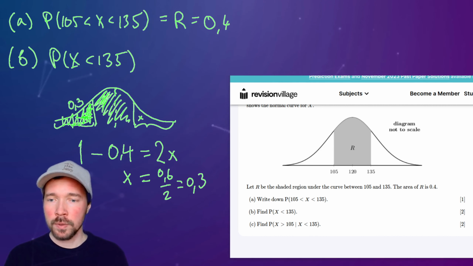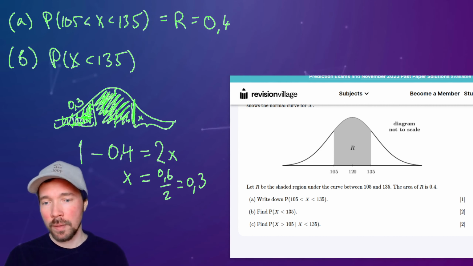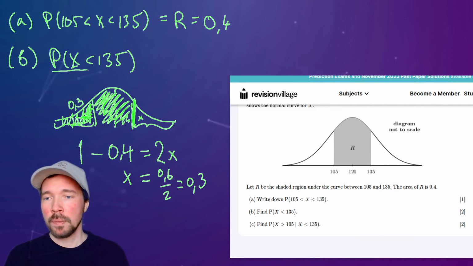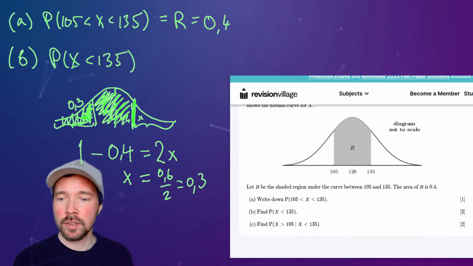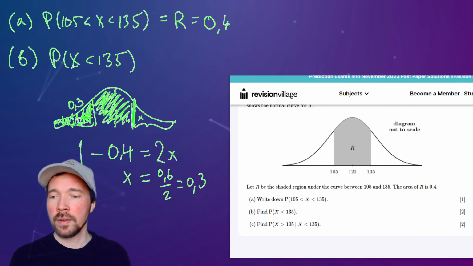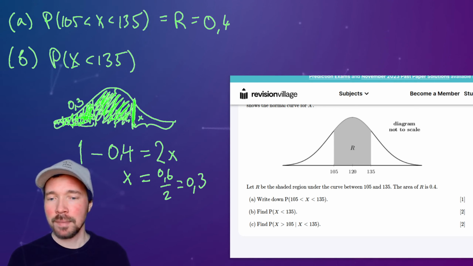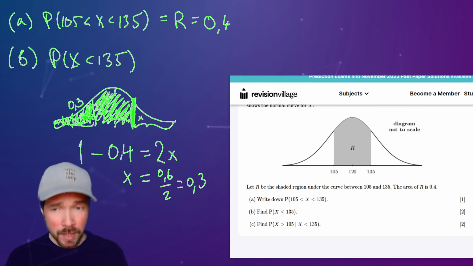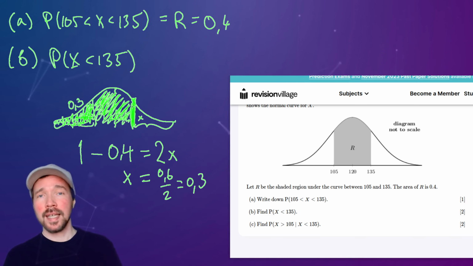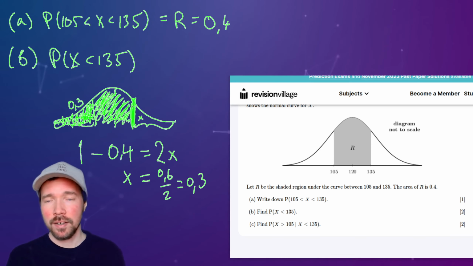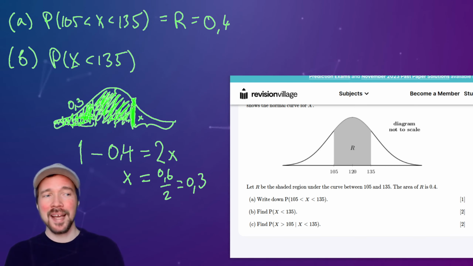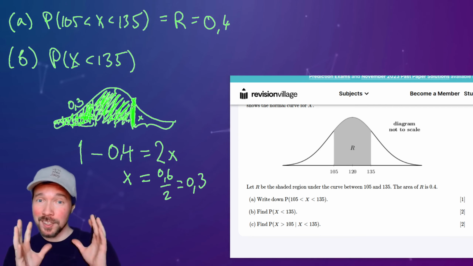So if I'm calculating the probability of being less than 135, that means all the area of this Gaussian up to that point. By the way, I have to make a disclaimer. I said that I'm pretending that I'm at the exam, but obviously, because I'm explaining everything I'm doing, it's going to take more time.